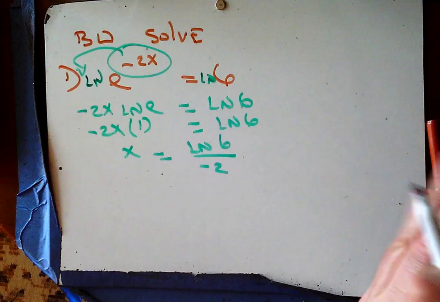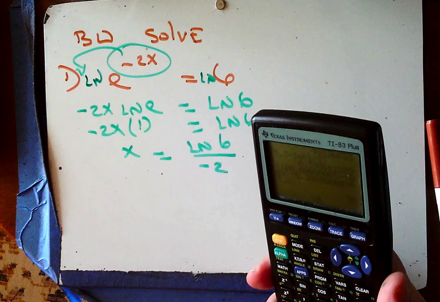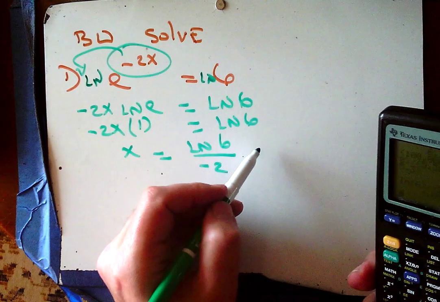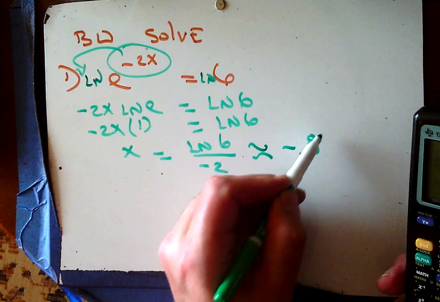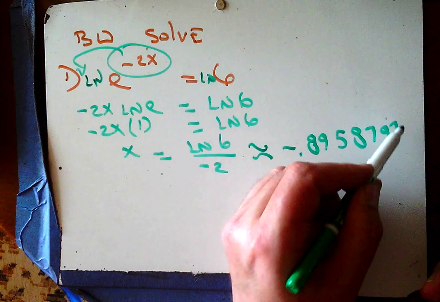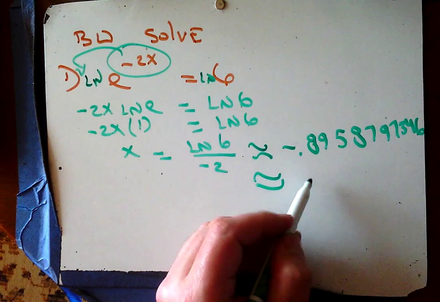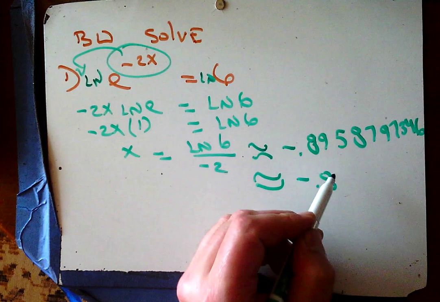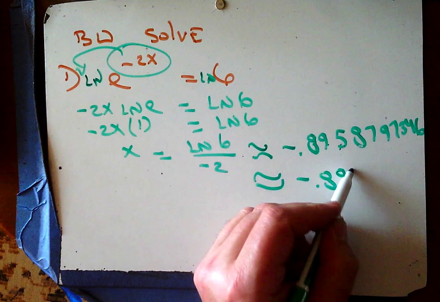We could get a decimal approximation on our calculator: ln of 6 divided by negative 2 is approximately negative 0.8958797346, which, since we're approximating, we can round to negative 0.8959.